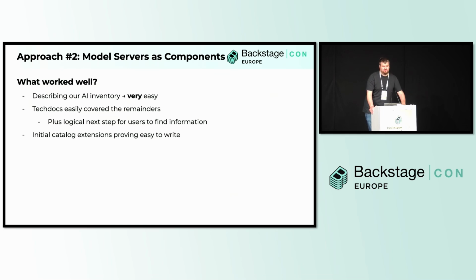It also formed a logical next step in terms of what the developers can find next and how to access it. And then what we're also finding is that the initial catalog extensions are proving very easy to write, especially now that we've developed this starting point for the catalog.